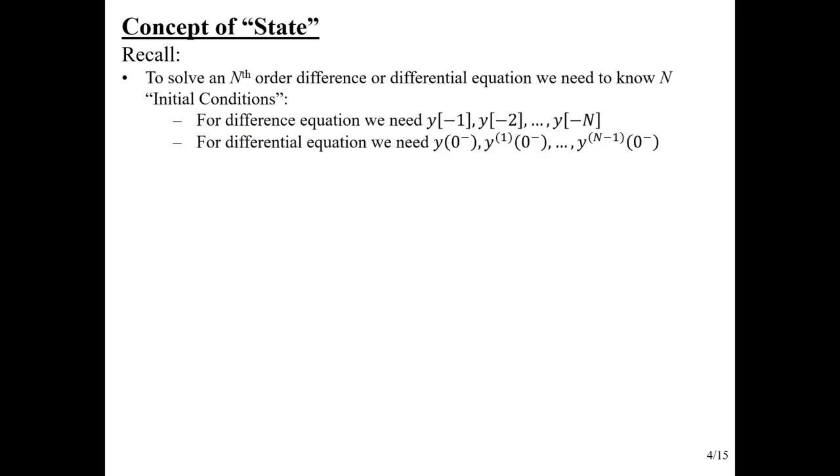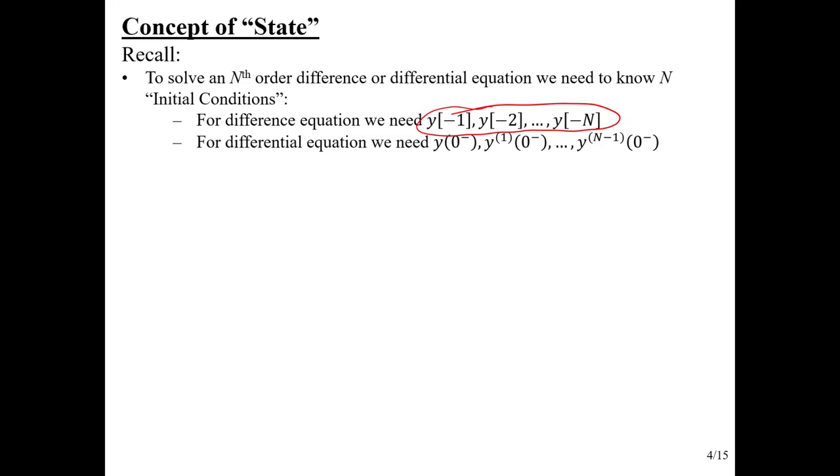So you may have seen that for a difference equation, especially if we were recursively solving it, we needed to know the previous n output values before. Those are the previous ones that occurred before we start applying our input. So however it got to those doesn't really matter.